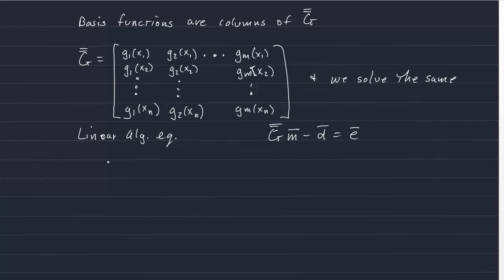And so this regression is general because we can put in any number of basis functions, and it's linear because the model coefficients are multiplied individually by the different basis functions.